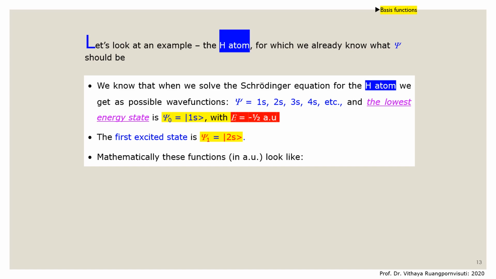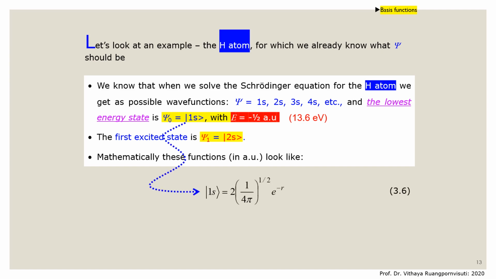When we solve the Schrödinger equation for the hydrogen atom, we get possible wave functions such as the 1s orbital, 2s orbital, 3s orbital, 4s orbital, etc. The lowest energy state is the wave function psi 0, equal to the 1s orbital, which gives the energy equal to minus half atomic unit, or 13.6 electron volt.